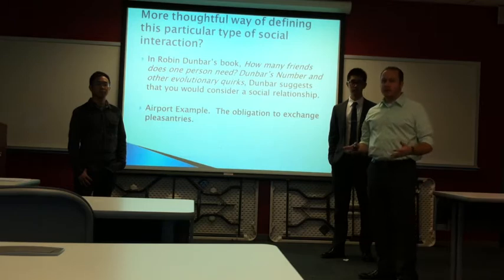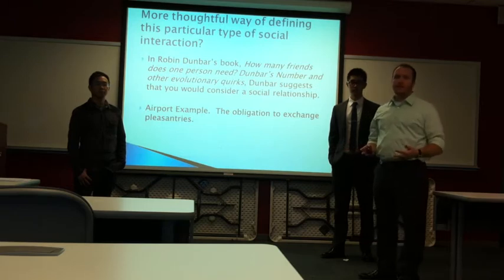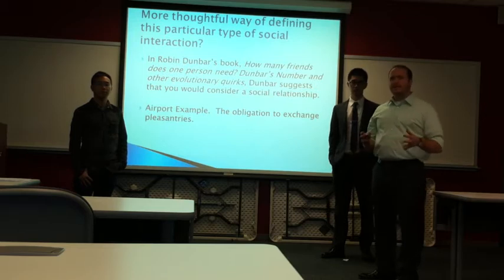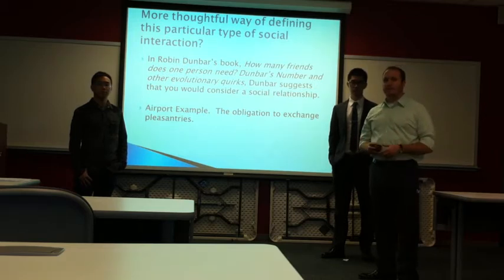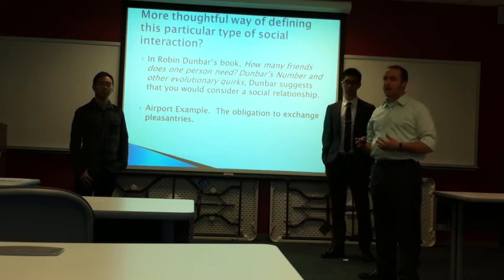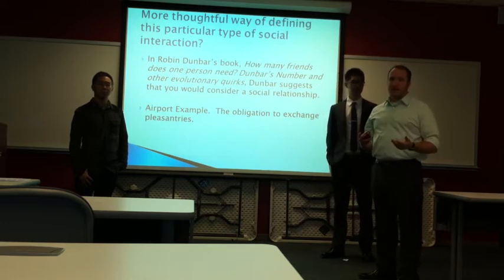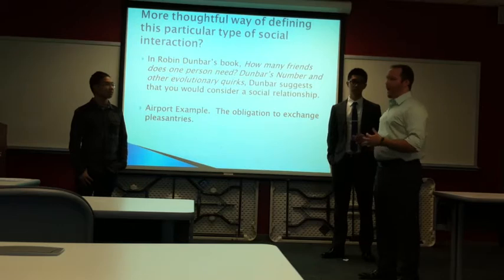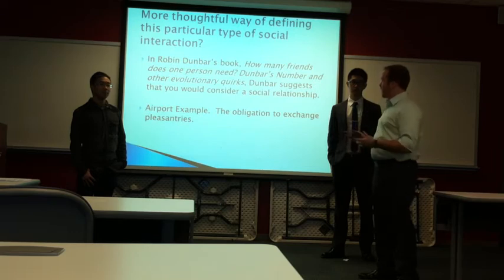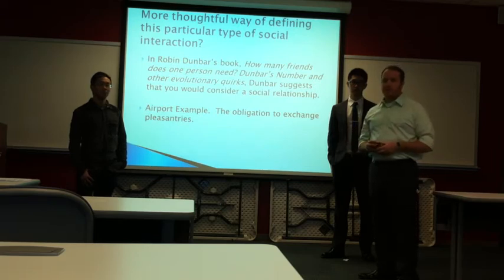And if you didn't, they might even be offended. That's the kind of stable social relationship he was talking about. Not so much being able to walk past somebody in the airport and simply nod your head and say hello, but feeling the need to go and talk to them and interact with them on that level. That is an example of a stable social relationship that is a little easier to process.